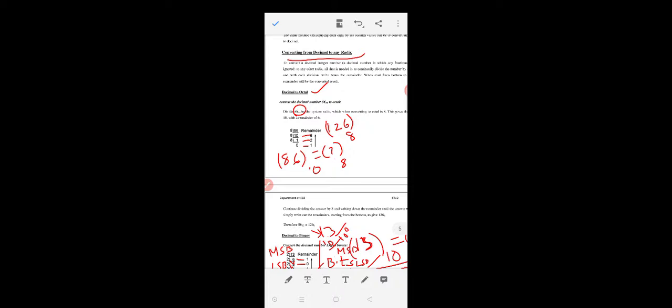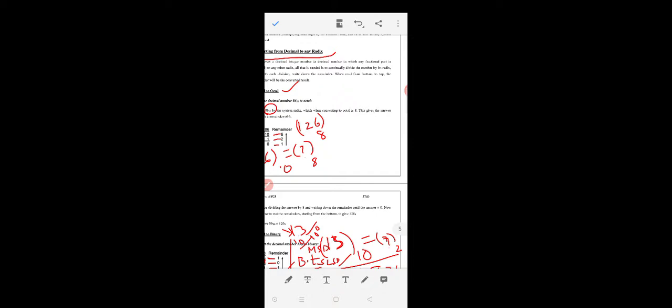Both are the same, but coming to 8, the octal equivalent of decimal 8 is 10. Now you try: what is the octal equivalent of decimal 9, of 10, of 11, and so on? Take different numbers and find the octal equivalents.